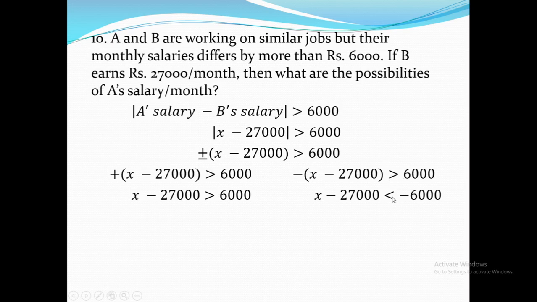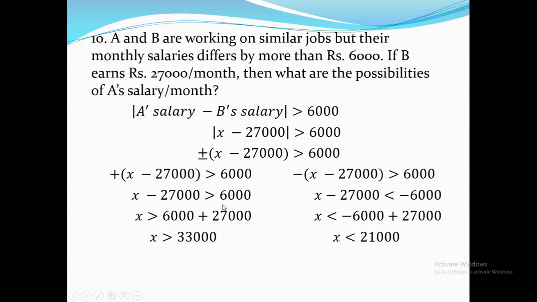The greater than sign is changed into less than sign, and 6,000 is also minus 6,000. Take this minus 27,000 to the right hand side. So X is greater than 6,000 plus 27,000. Here also do the same. So X is less than minus 6,000 plus 27,000. So X is greater than 33,000, and here X is less than 21,000.